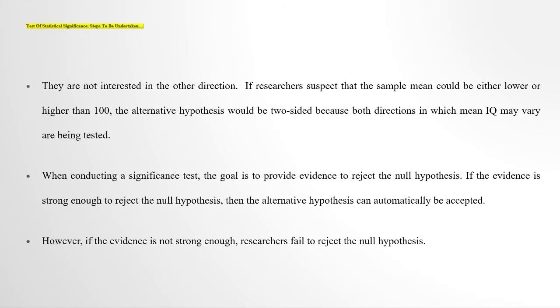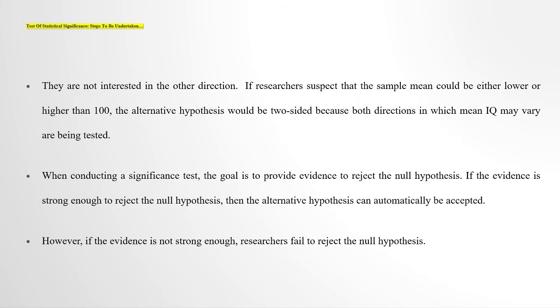In the case of a one-sided alternative hypothesis, they're not interested in the other direction. If researchers suspect that the sample mean could be either lower or higher than 100, then the alternative hypothesis would be two-sided, because both directions will be considered and tested.